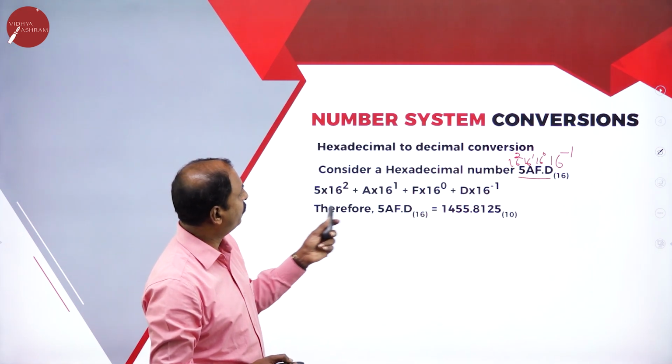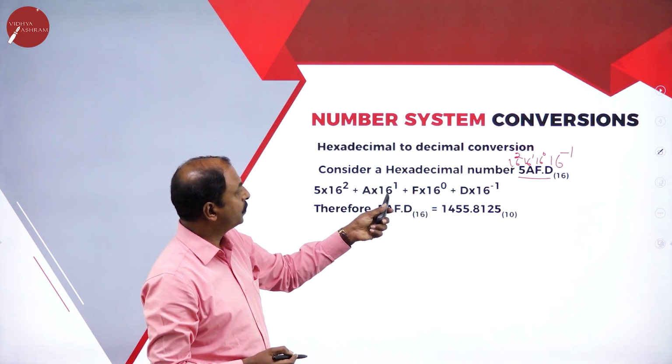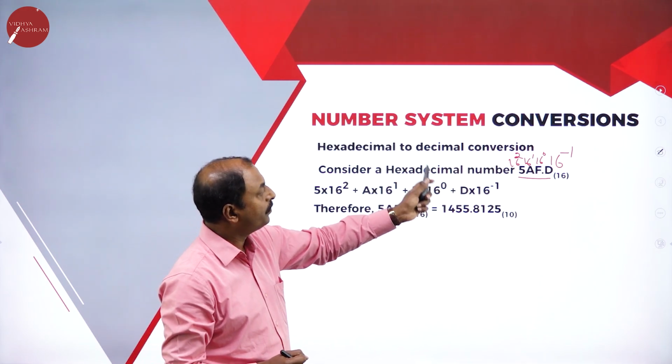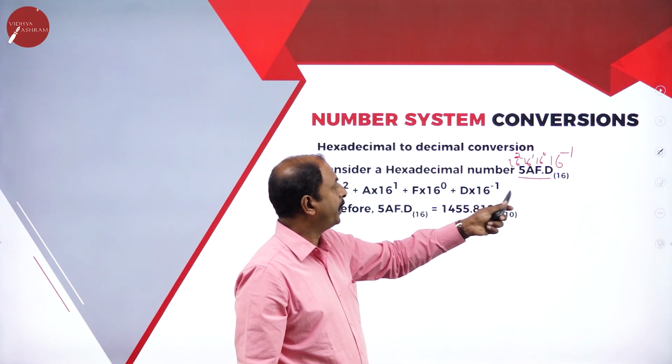So here it is 5 into 16 squared, plus A into 16 to the power of 1, plus F into 16 to the power of 0, plus D into 16 to the power of minus 1.